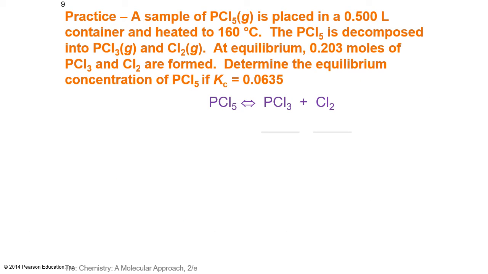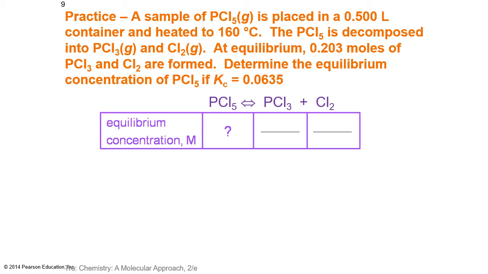Here's another practice for you to determine what the equilibrium concentration of PCl5 is. Pause the video and determine the concentration. If we're trying to find the equilibrium concentration, we're going to set up our equilibrium constant is equal to products over reactants.